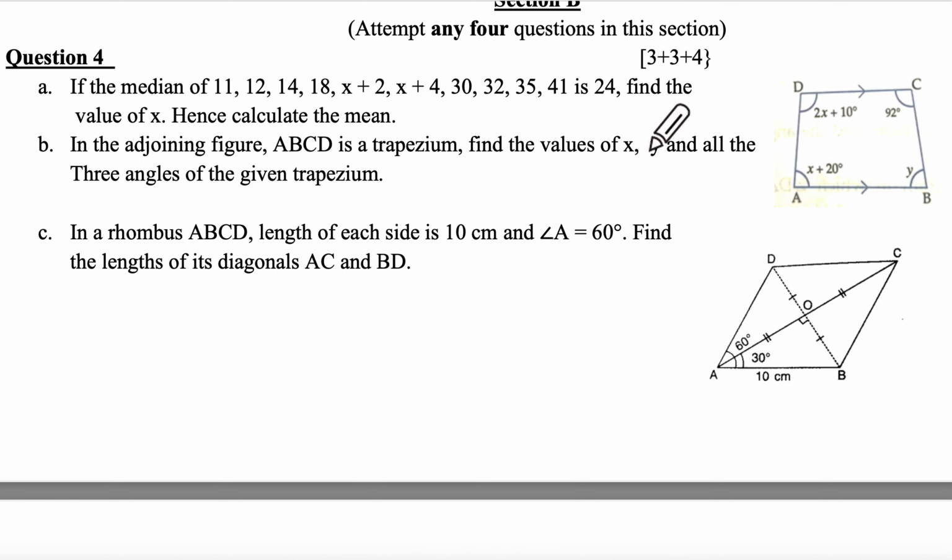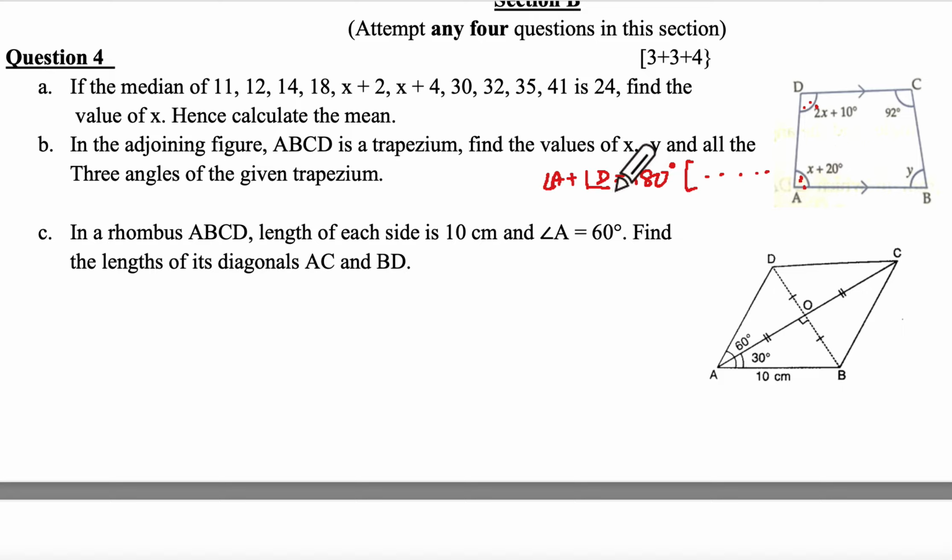Yes, ma'am. Trapezium, values of x and y, all the angles are given. Now tell me, this plus this will be how much? 180. Now what are they? Co-interior angles. So you'll say angle A plus angle D is equal to 180 degrees. Reason: since co-interior angles are supplementary.